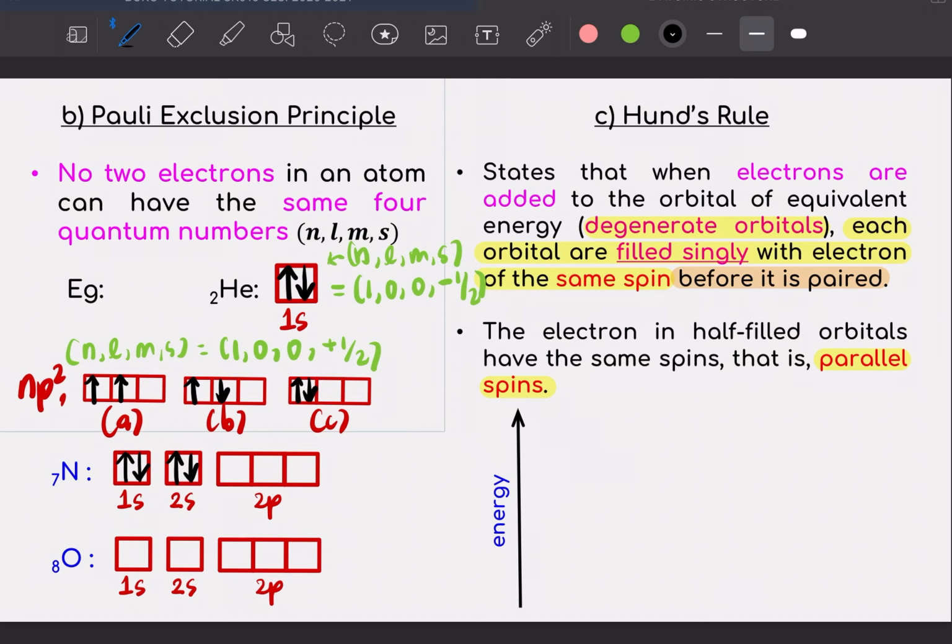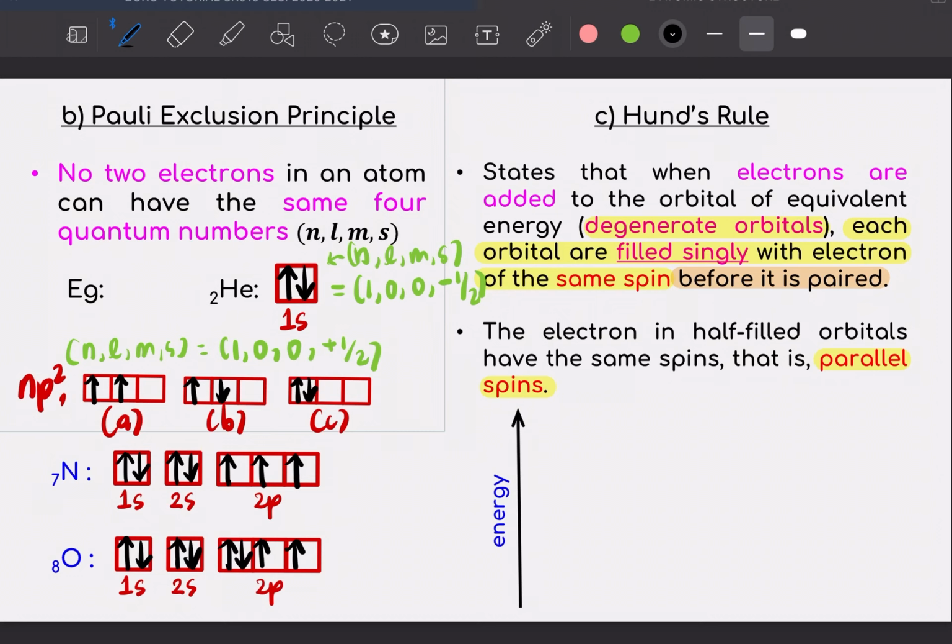Then when you reach 2p, which are degenerate orbitals, the same energy, you will fill in singly first. 1, 2, 3, 4, 5, 6, 7. Like that. So oxygen has 8 electrons. This one has no problem, and then 1, 2, 3. Singly first, and then you pair it up.